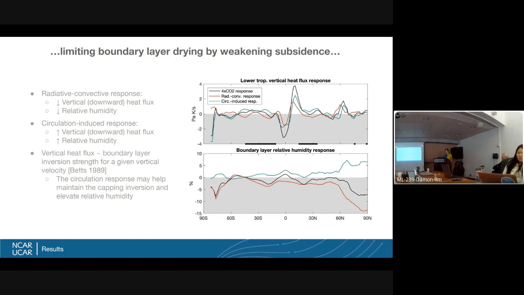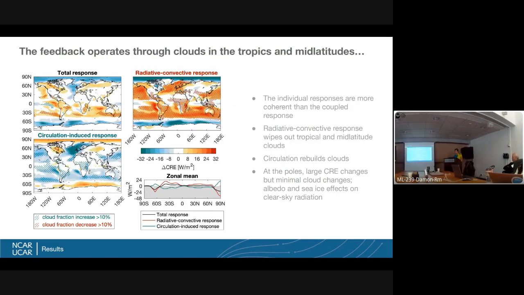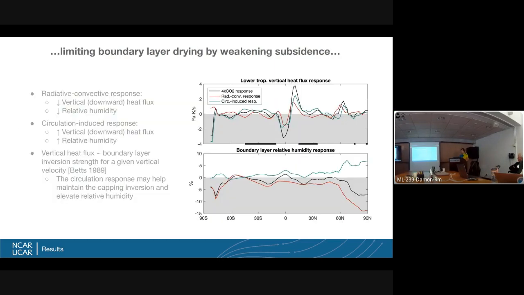So the reason the stratocumulus decks are in these regions is partly because there's strong subsidence in the atmosphere. That sets off a capping inversion in the boundary layer, and then you get these sort of plumes and stratocumulus clouds. And so I looked at the vertical heat flux just across the capping layer inversion, and I think this is the key part here, to look in this region.